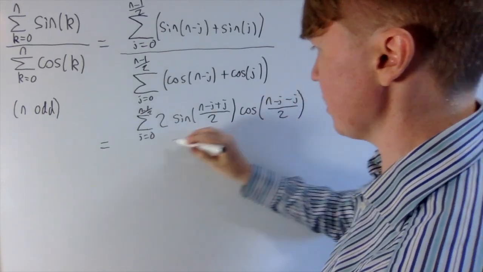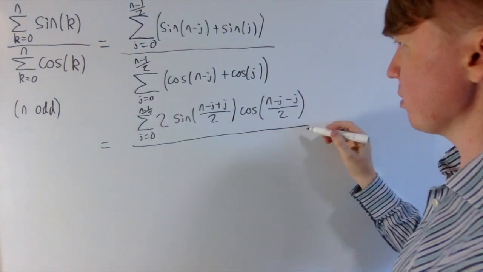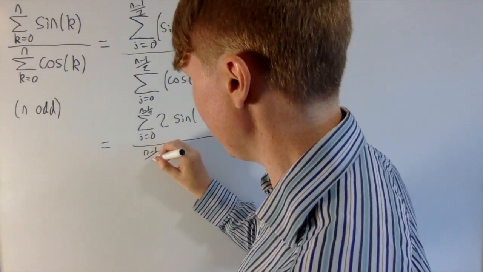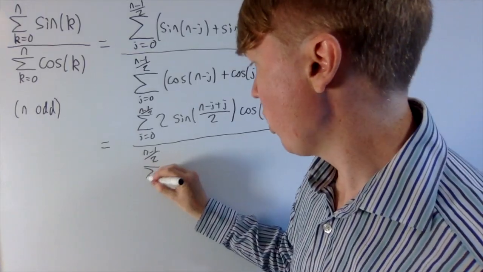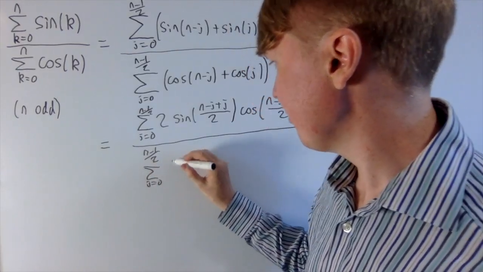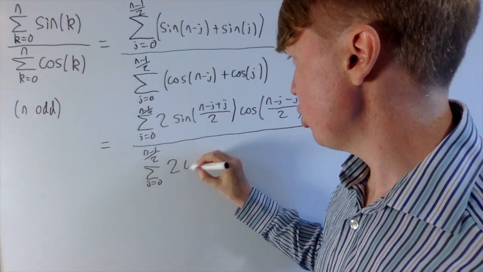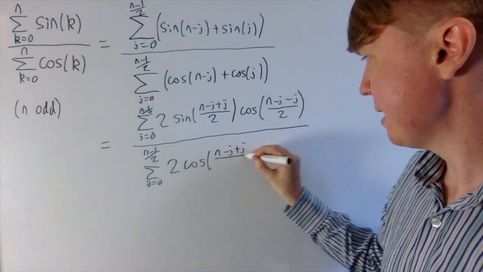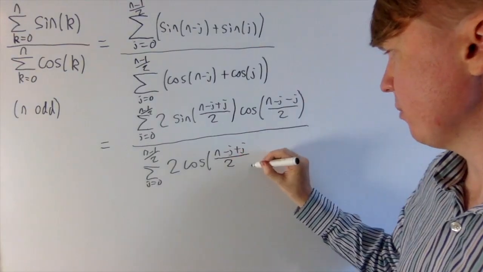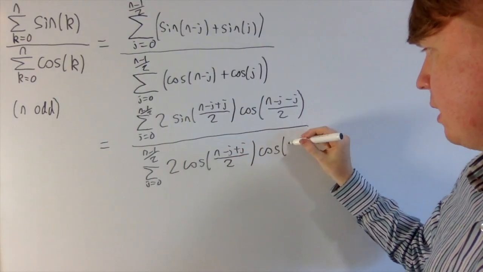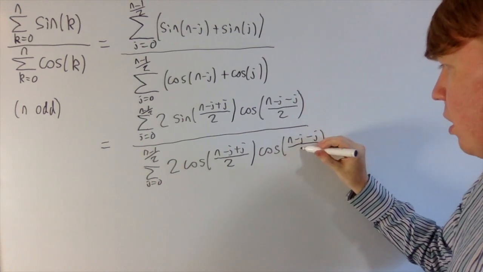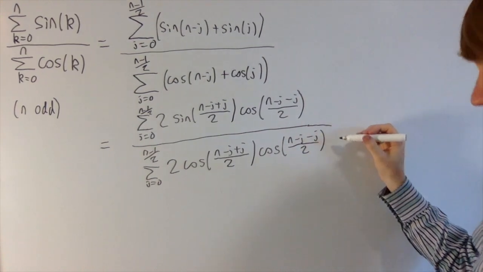We can tidy this up in a sec. We'll just write out the next step as well. We do the same thing for cos, so you've got the sum up to n minus 1 over 2 of 2 cos of (n minus j plus j) over 2, multiplied by cos of (n minus j) over 2. It's just using the sum to product formulas again.